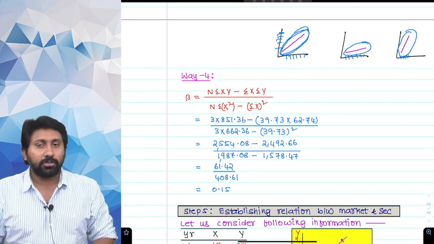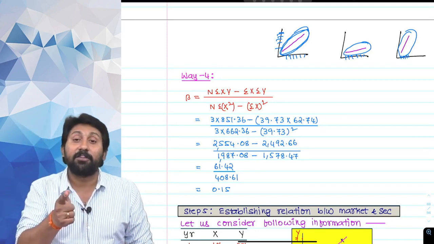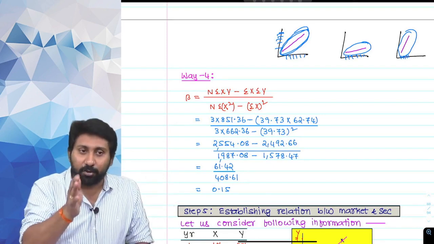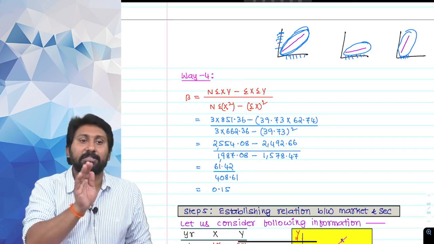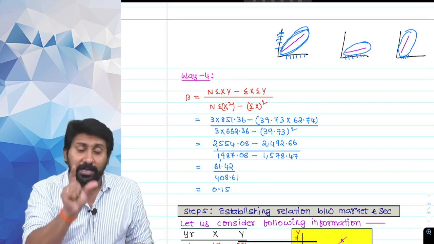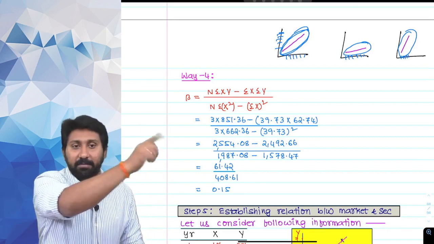I repeat, slope means the influence of the influencer on the influenced. How much it is going to influence is called the slope of a straight line. Slope always determines the influence of one variable on another variable.